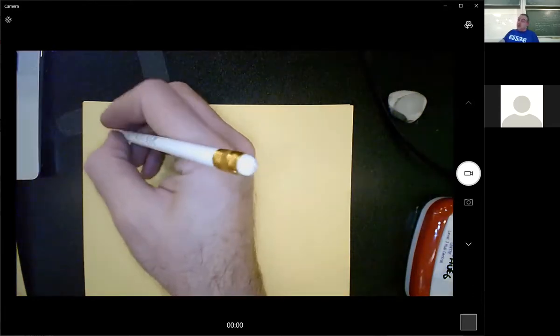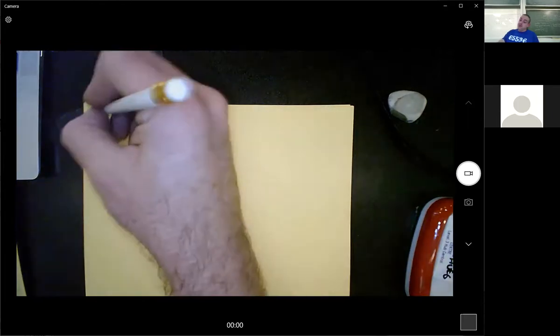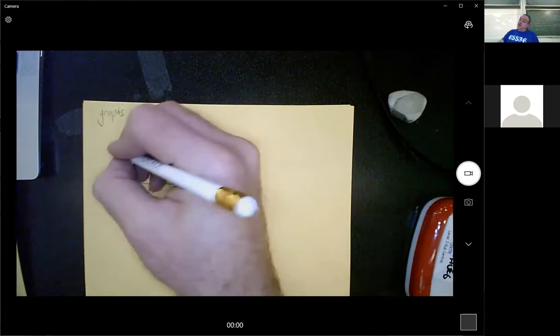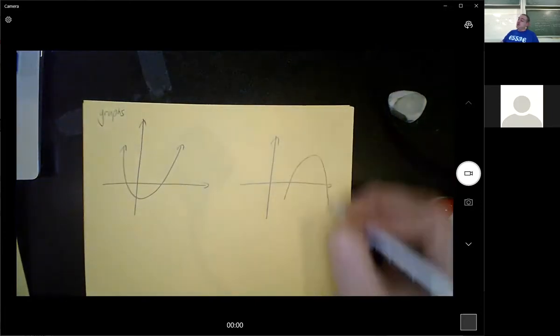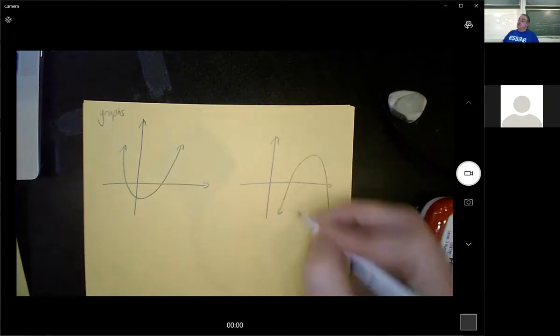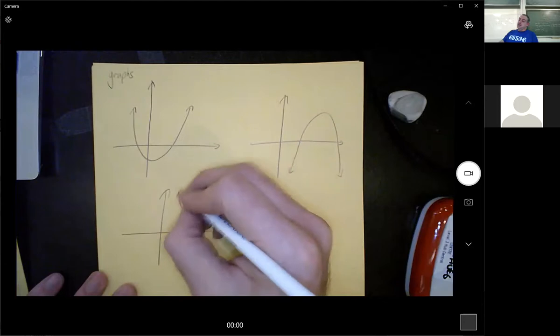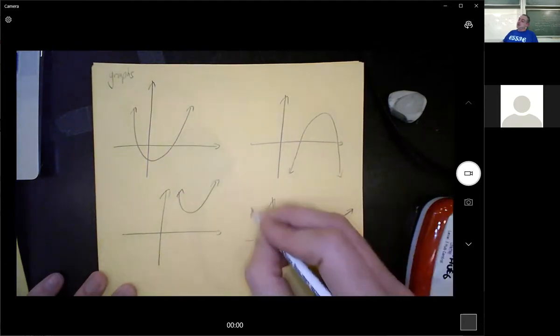So I'm just going to draw some examples of what the graphs of quadratic functions look like. They might look like this. It might look like that. Might look like that. They might be really flat like that.